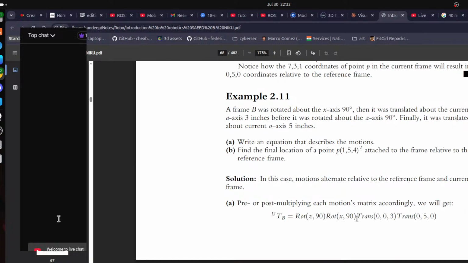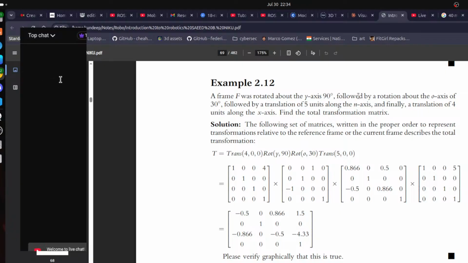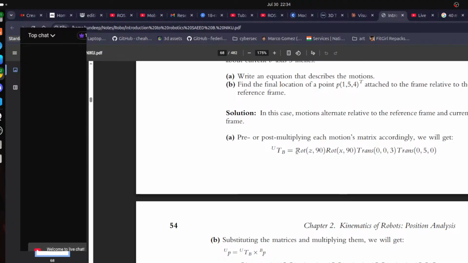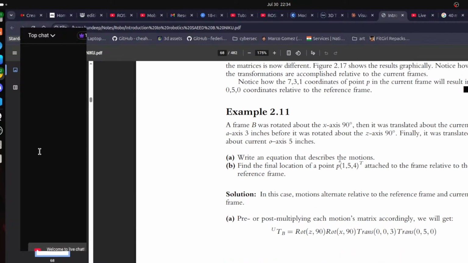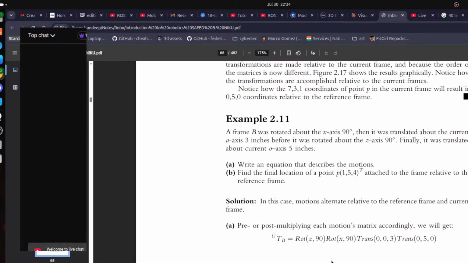And if we had both rotation about their own axis and then translation, the frame B was rotated about the x axis by 90 degrees.